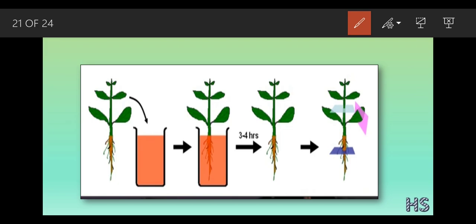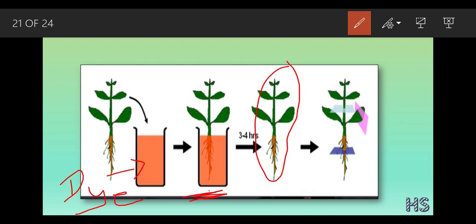See, this is a beaker which is filled with the dye solution, and I am going to place this plant inside this. After 3 to 4 hours, I am going to remove this plant and cut it in a transverse section. Transverse means the cross section.